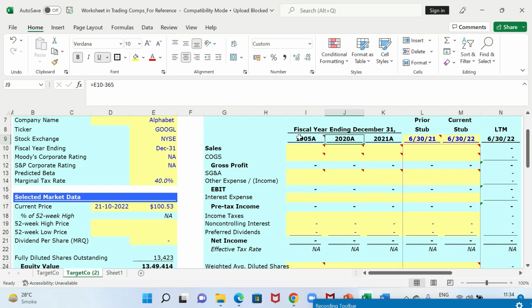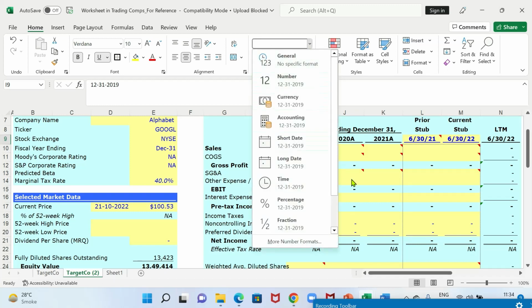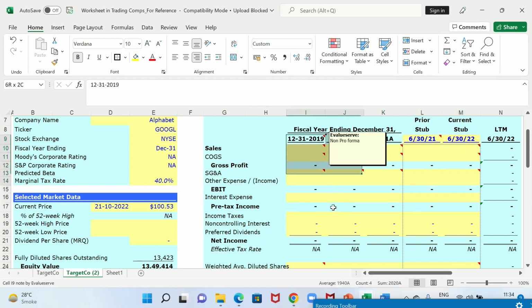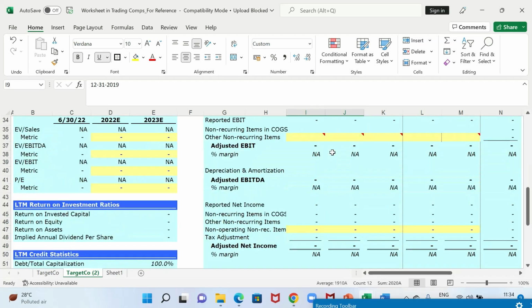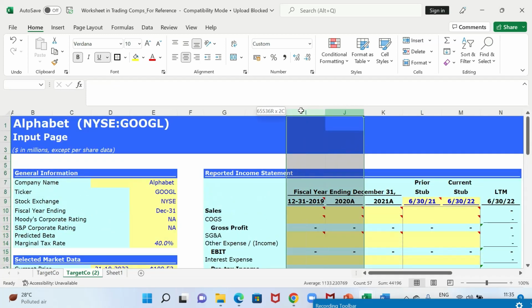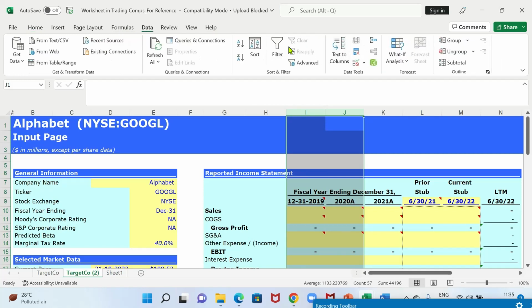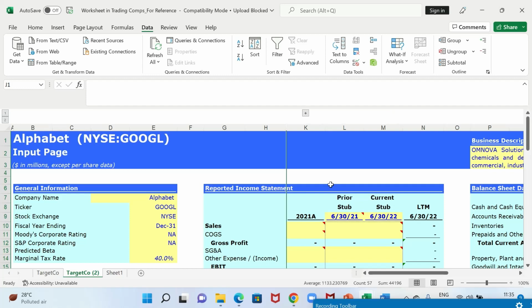2019. So I don't require these two columns, right? Probably I can group them right now.